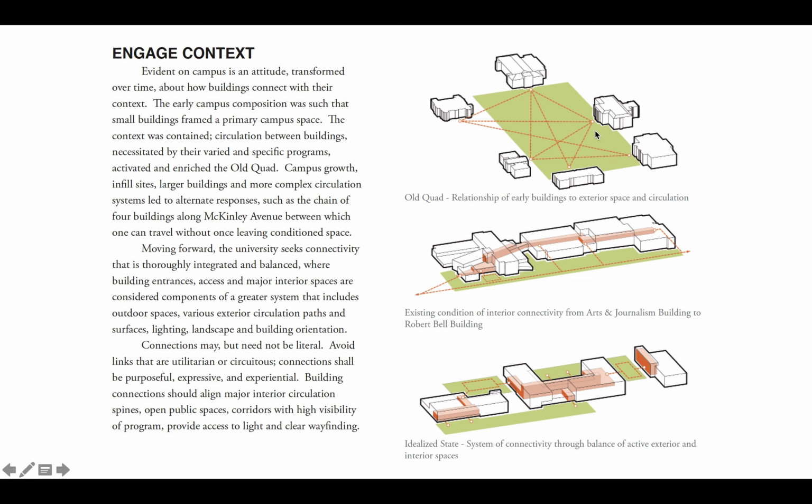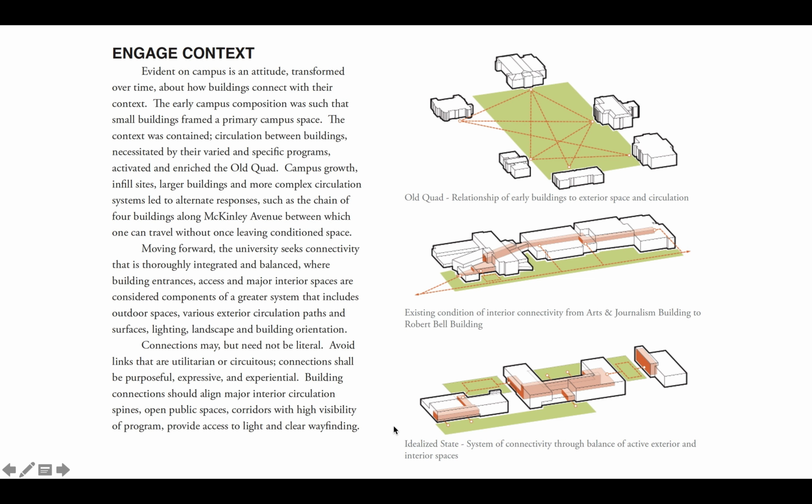So what this firm is doing, this is an interdisciplinary firm, planning, landscape architecture, urban design, historic preservation. They are observing some of the interesting things they're seeing on our campus, and then they are presenting an idealized state, an interesting union of active interior spaces and active exterior spaces.